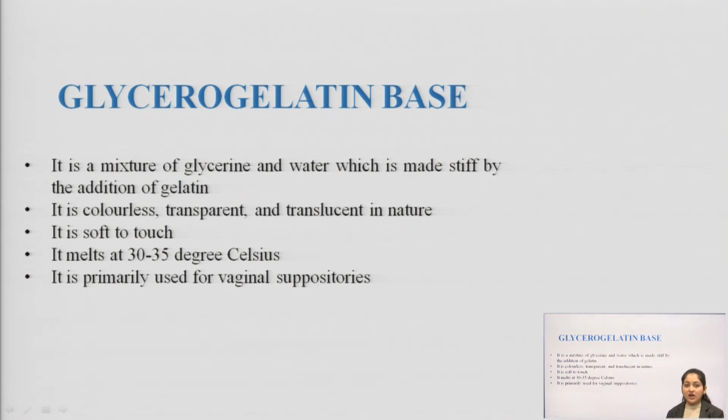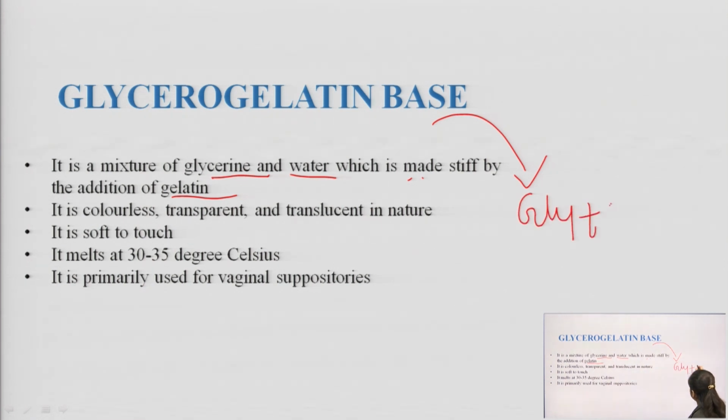First, we are going to start with glycerogelatin base. Just a quick recap that glycerogelatin base is a sort of water miscible base or hydrophilic base. Glycerogelatin base is a mixture of glycerine and water, and it is made stiff by using gelatin. So, glycerogelatin base contains glycerine, water, and gelatin.